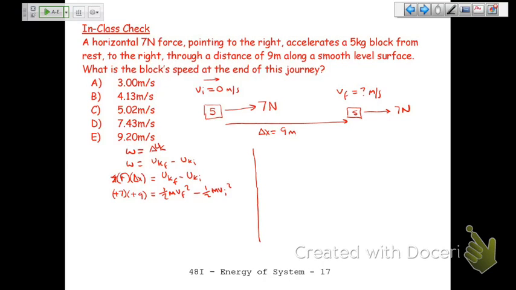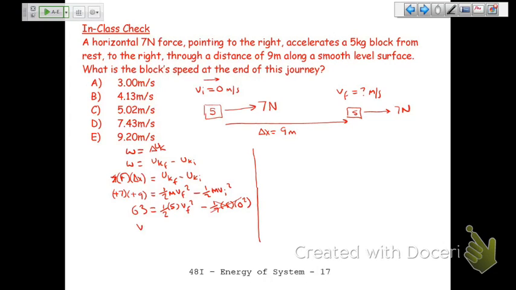So 7 9s are 63. 63 is equal to 1/2 times 5 times vf squared minus 1/2 times 5 times 0 squared. That goes away.